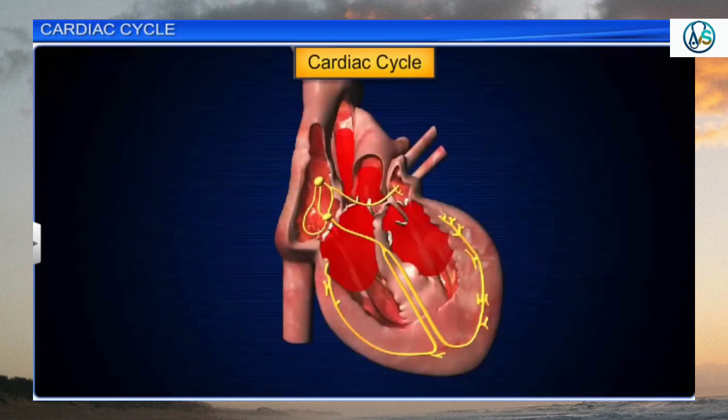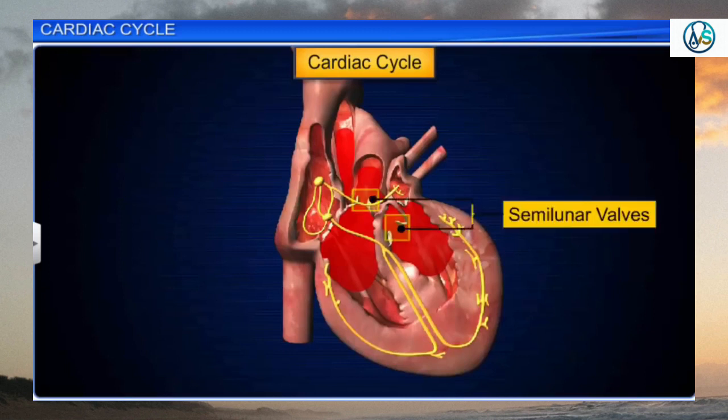This results in a ventricular contraction or systole as well as atrial relaxation or diastole. The ventricular systole also causes the opening of the semilunar valves of the pulmonary artery and aorta.